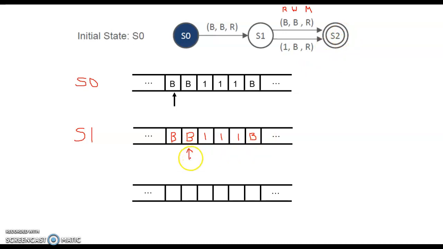So currently our tape head is pointing at a B, and we're in state 1, so that's going to mean this instruction here is going to be followed, where we read a B, we're going to write a B, and we're going to move the tape head to the right. So currently the tape head is pointing at B, so we're going to move it to the right there, and we're going to end up in our terminating state, which is state 2.